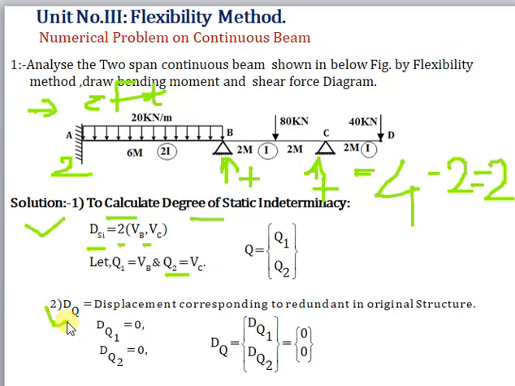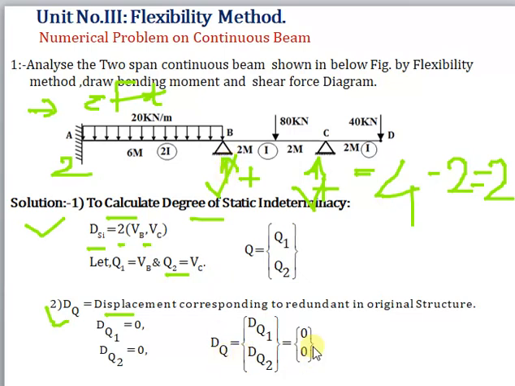Now second step, find DQ, that is the displacement corresponding to the redundant in the original structure. In the original structure, VB and VC are the redundants. Is there any spring or displacement or sinking of a support at that particular location?